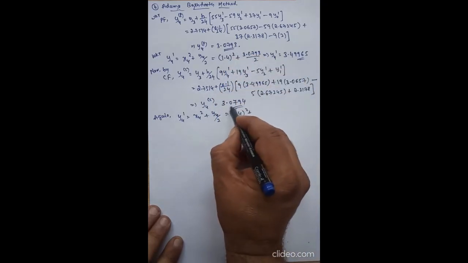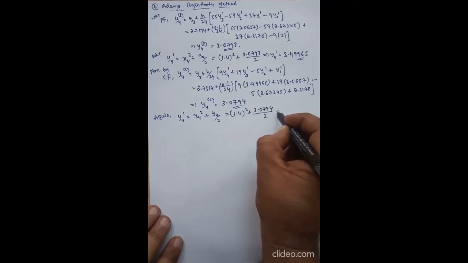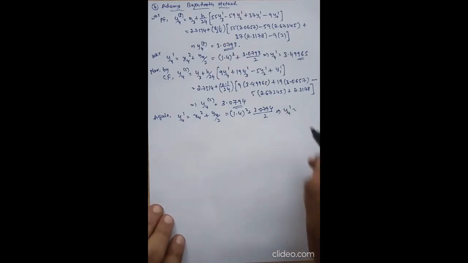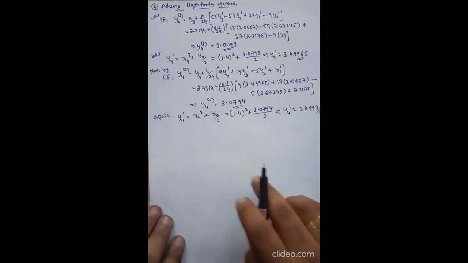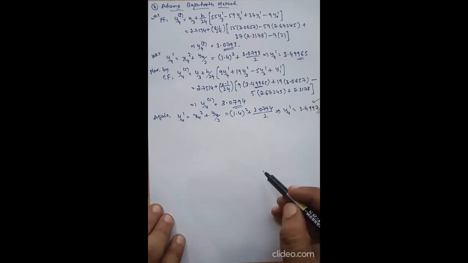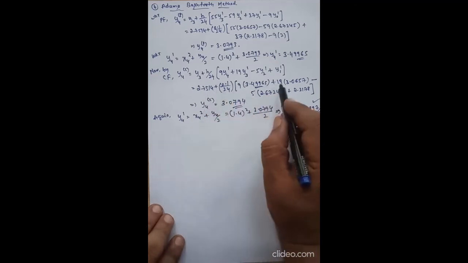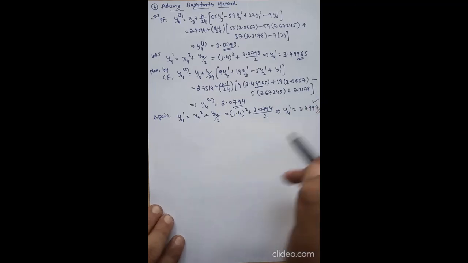Now we have to use 3.0794. So simplify this, we get y4 dash, and this comes around 3.4997. Now using this y4 dash, I'll calculate the corrector value once again. That means in place of this, I will substitute this value, keeping all other values as they are. So I'll not write the formula once again. I'll just change this value and calculate.